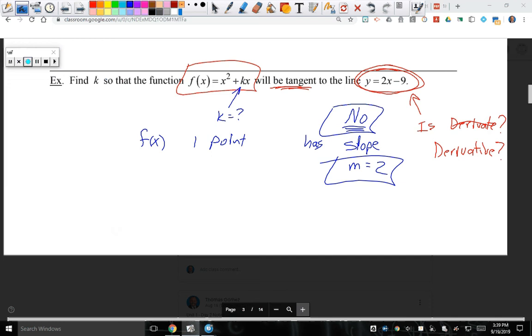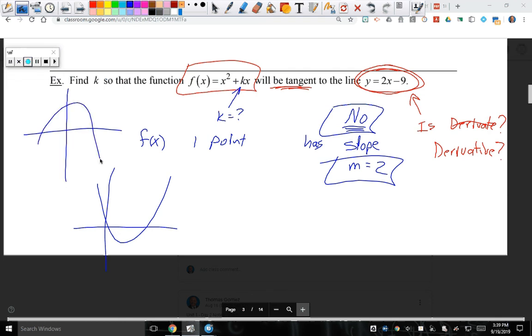So k could be a value that creates some function, right? In this case it's going to be a quadratic, so it's only going to have a shape like this, or it could have something like this. Go with me? So we're trying to find what k value would create either something that looks like this or this that will be tangent to this line.